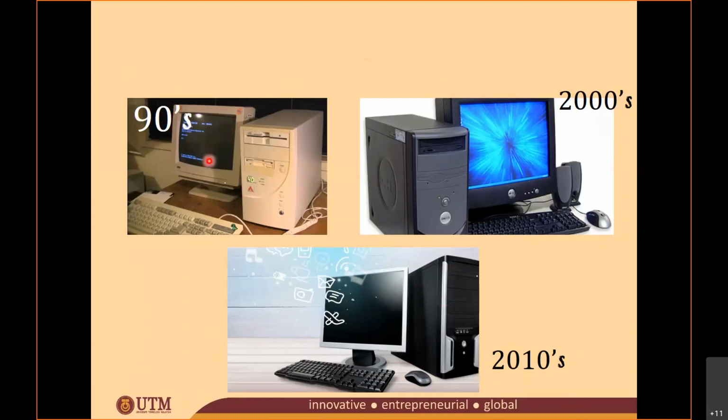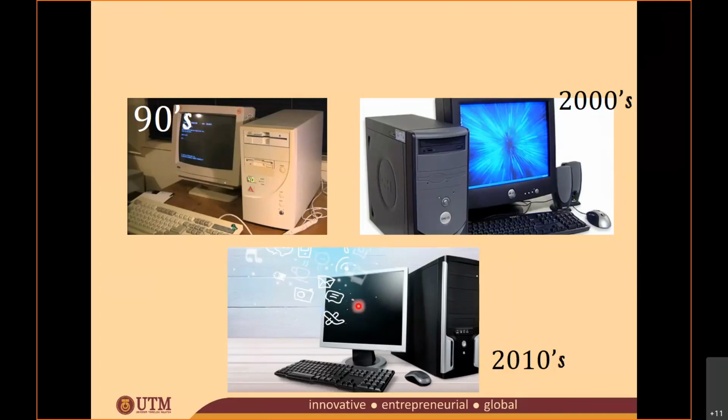Contohlah saya bagi kat sini. Mungkin this monitor here quite similar to this one in 2000, tapi early 90s dia hanya boleh display black and white only. Tapi yang ni dah ada colored.